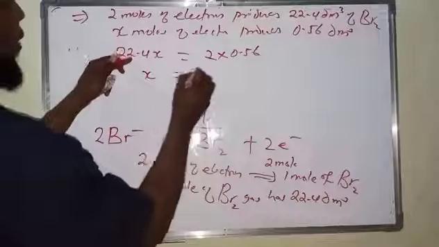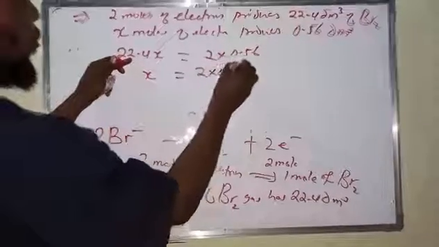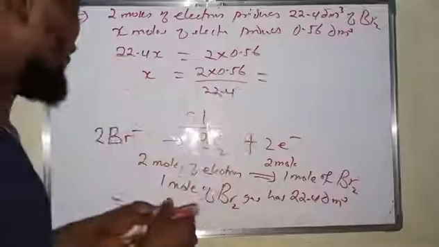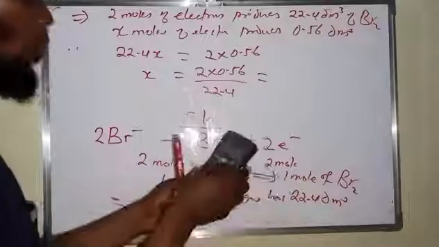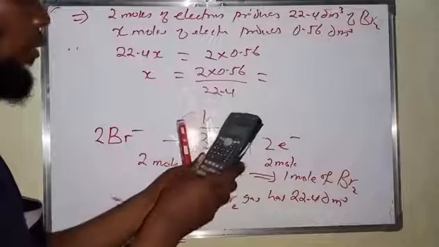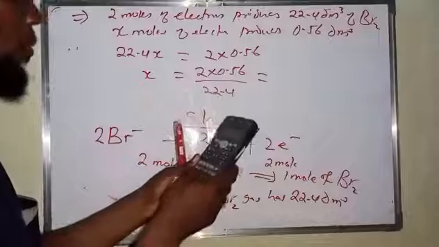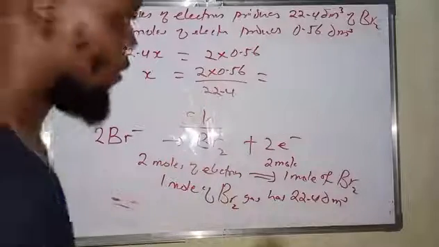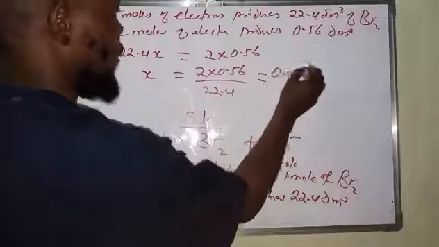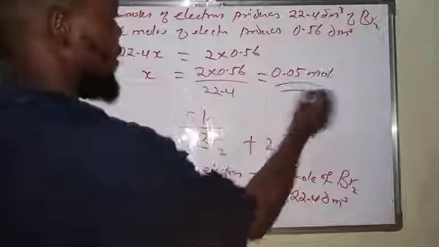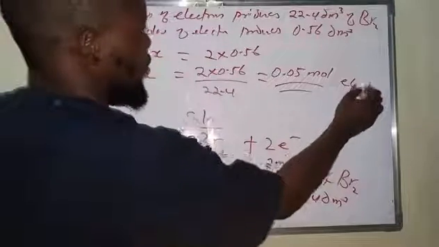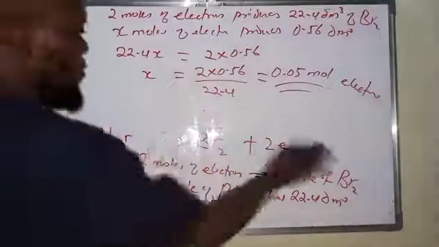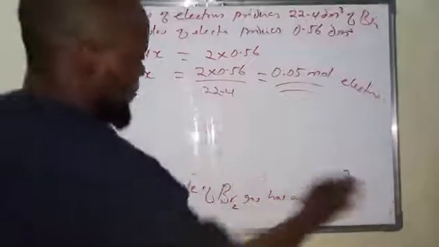Dividing both sides by 22.4 gives us 2 times 0.56 over 22.4, so it gives us 0.05 mole. And this is the answer for the electrons.